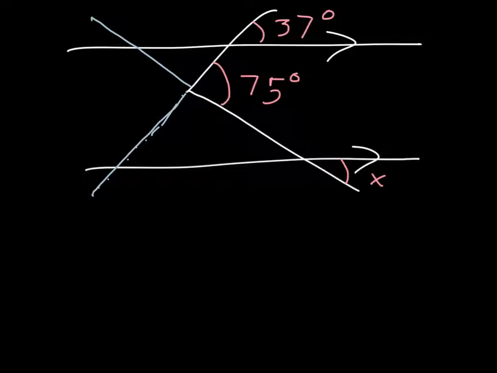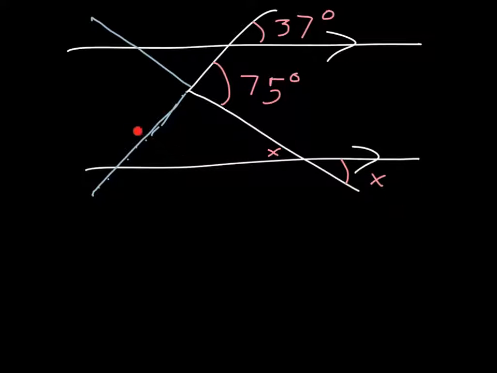So, how can we find angle x? Well, let's do a little bit of angle chasing. So we know that the vertical angle to x has the same measure, so I can label that x. If we look here, I have another F, so I have some corresponding angles.